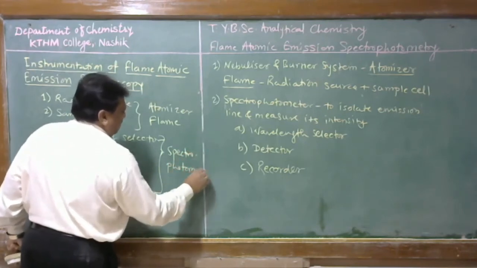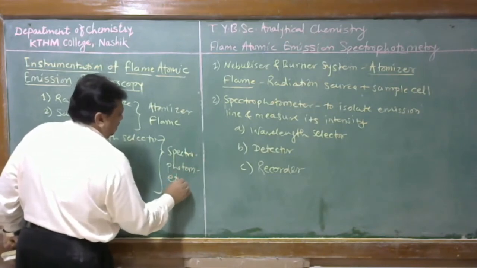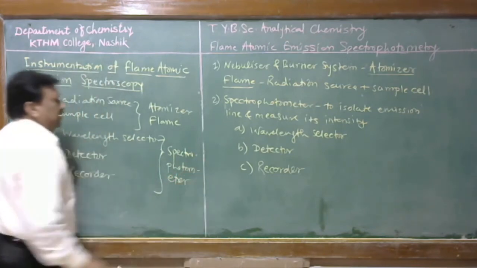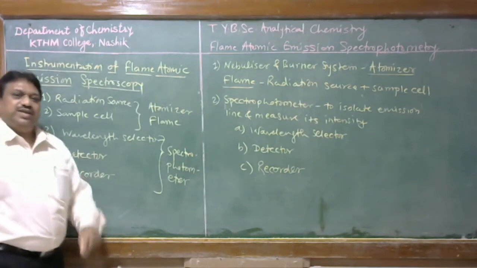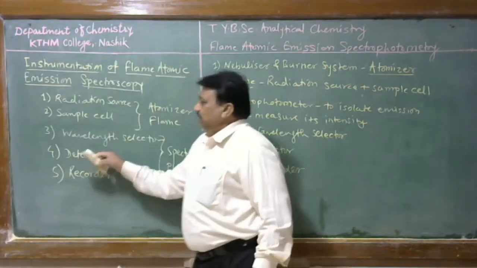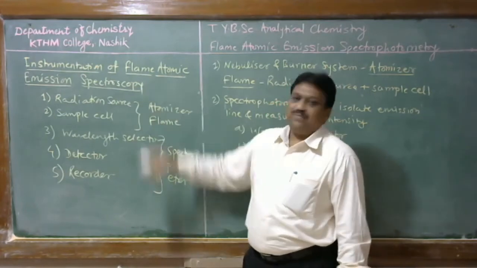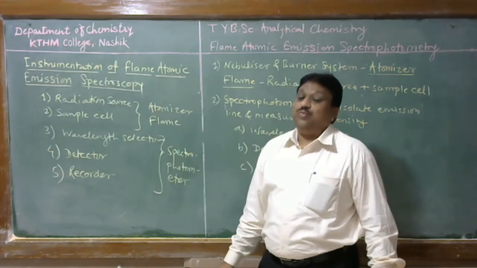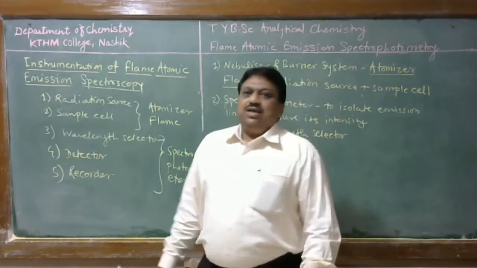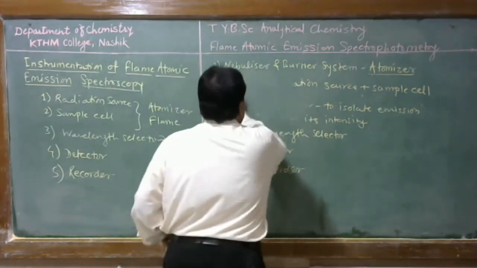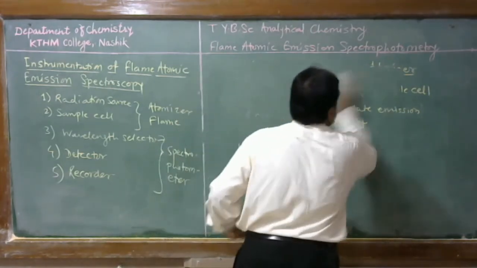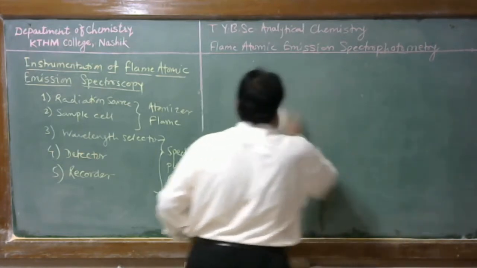When we couple these 3 components with the flame atomizer, then we have the instrumentation of the flame atomic emission spectrophotometer. Now we draw the block diagram of this instrument, and then we discuss its instrumentation in detail.